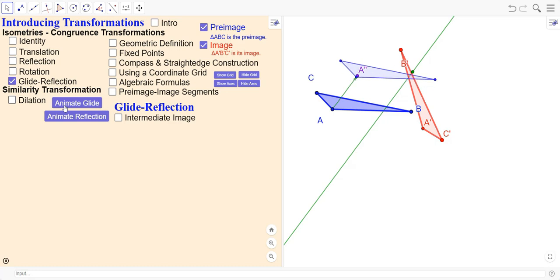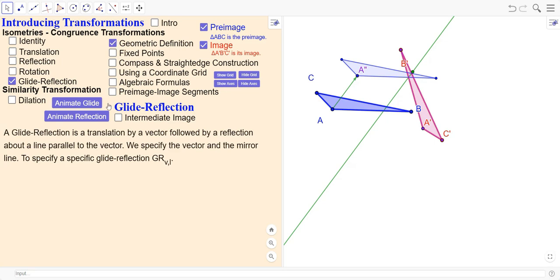Once you've translated it, you have an intermediate image, which you then reflect over that line, and that gets you to your final image. It turns out you can't do this with just one translation, reflection, or rotation, so this is a different type of isometry, but it's really just built up out of two things that we've done earlier.